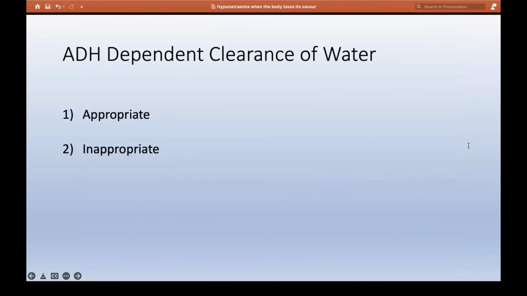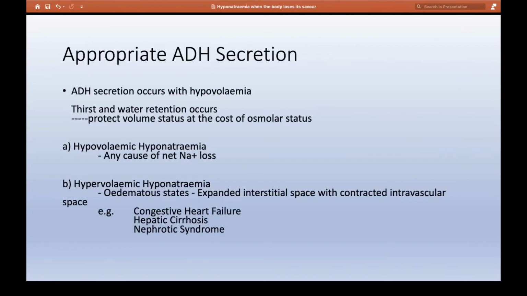So ADH dependent clearance of water can be appropriate or inappropriate. So appropriate ADH secretion. Why? The body is giving the stimulus to produce antidiuretic hormone, keep more water, right? Because of hypovolemic state, hypovolemia.